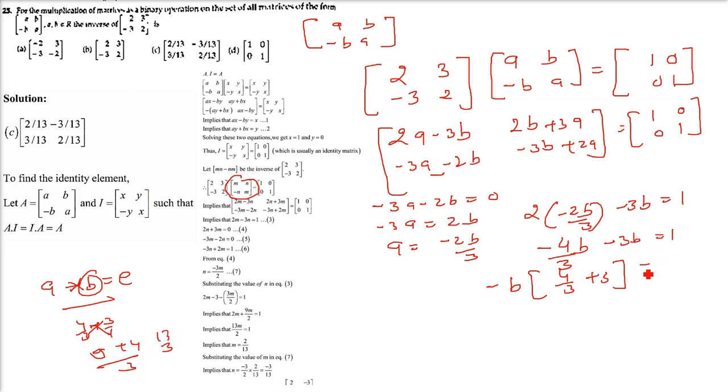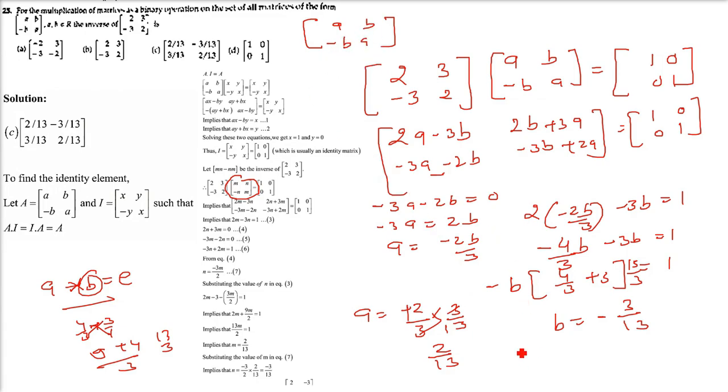So you get minus B into 13 by 3 equals 1. B will be equal to 3 goes up, 13 goes down, and negative on the right hand side. So B is negative 3 by 13. What will be A? A is minus 2 by 3 into B. Just put B here. What do you get? If it gets cancelled, it will be 2 by 13.